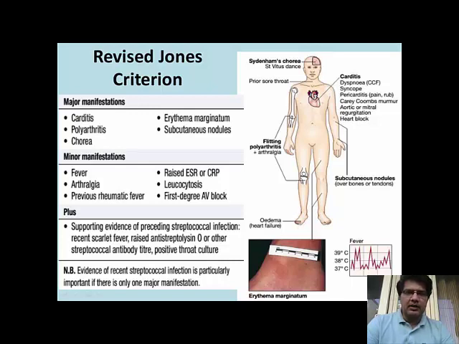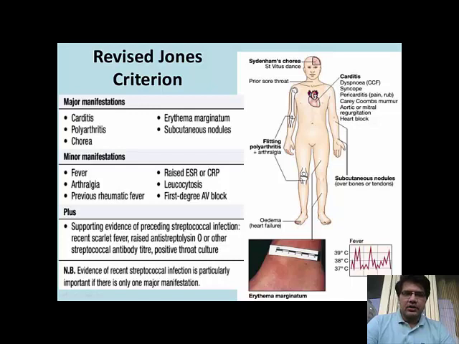How do I remember minor manifestations? I remember by FAPR. So F for fever, A for arthralgia, PR for previous rheumatic fever and PR prolongation, and APR, acute phase reactants. Plus there has to be supporting evidence of preceding streptococcal infection.